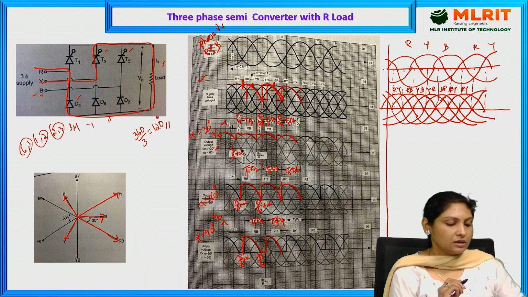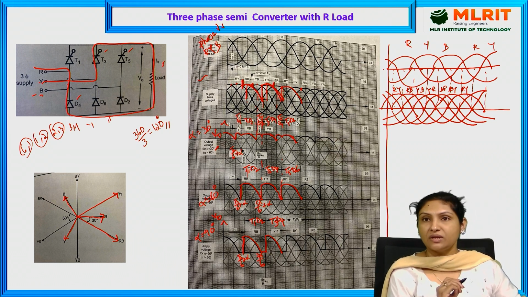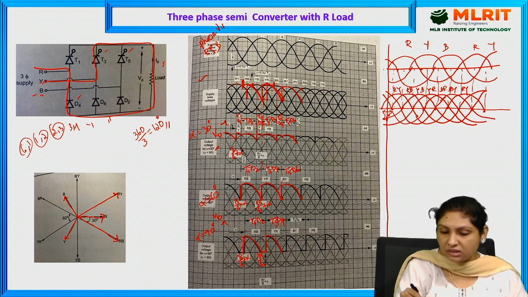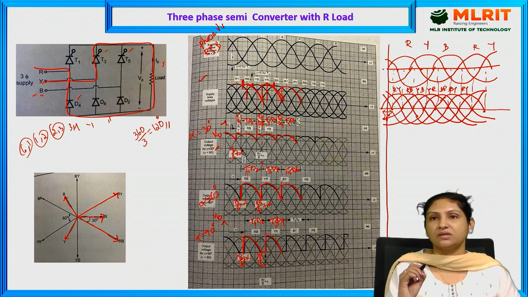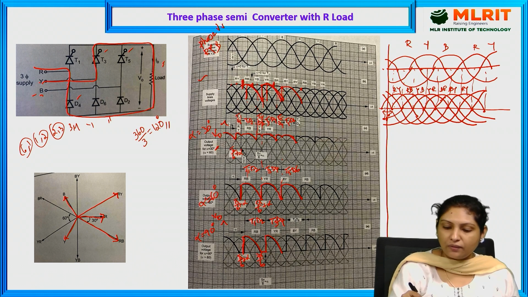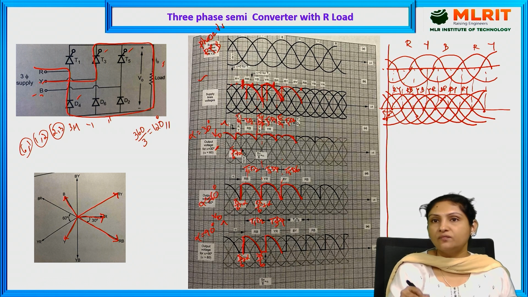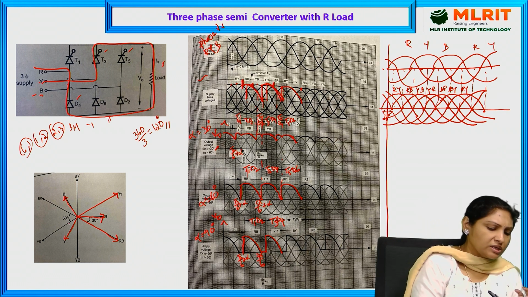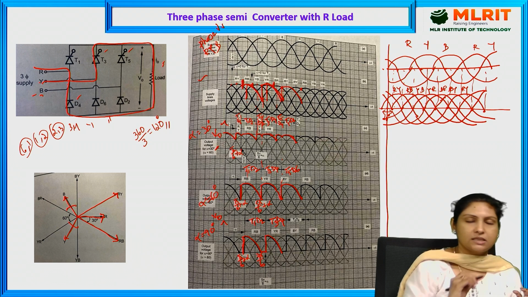That means line to line voltage phase difference is 60 degrees. That is what we have drawn. And this RY phase is 30 degrees leading R phase, so that is the reason here we have drawn it 30 degrees ahead. Hope you understood. So each and every line voltage will be 60 degrees apart.